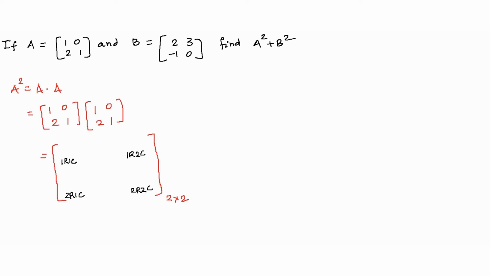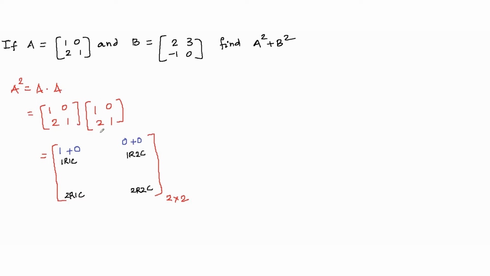So now if I were to write the individual elements, first row, first column would mean [1 0] multiplied with [1 2]. So 1 1s are 1 and 0 2s are 0. So you have 1 plus 0. First row, second column would mean you take first row and second column. So 1 into 0 is 0 and 0 into 1 is 0.